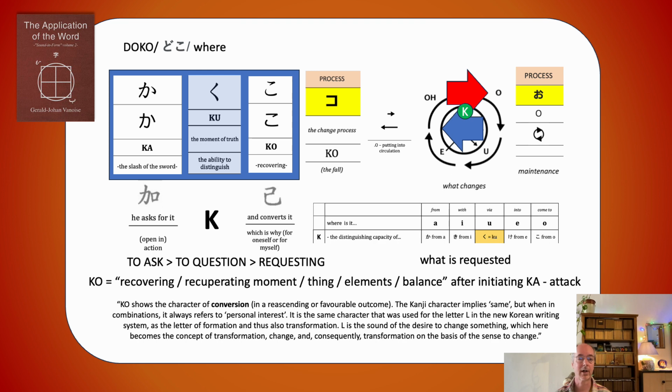The Ko is our real distinction, so that we can progress it further, and therefore we need to understand the K. I have in my book the whole series of letters, the Ka, Ki, Ko, Ku. The Ka, we know already, is like the slash of the sword. We engage into our problem. We have a problem and we want to solve it, and we have the sword and we engage ourselves completely in the progress as a first movement, a first engagement.